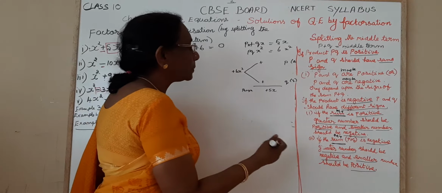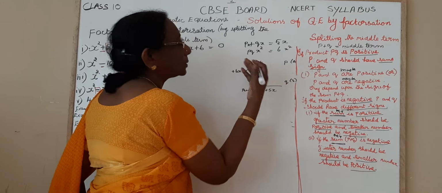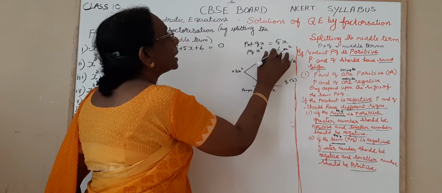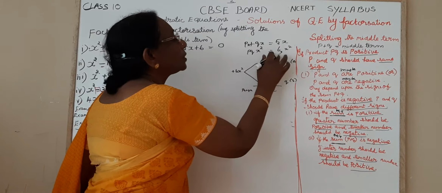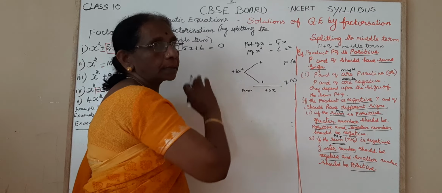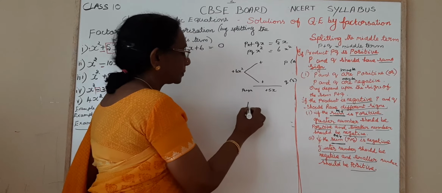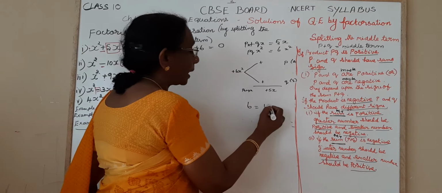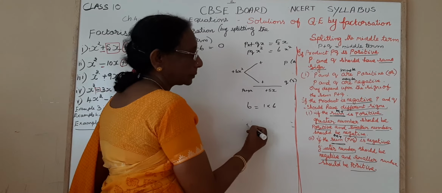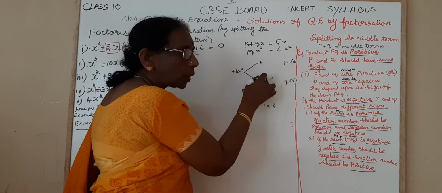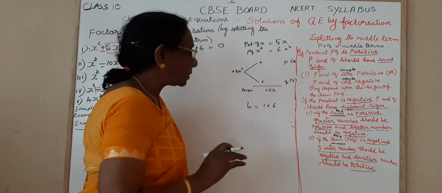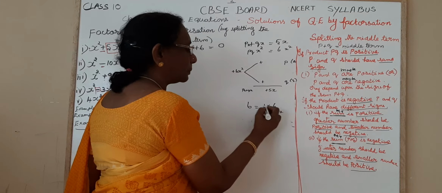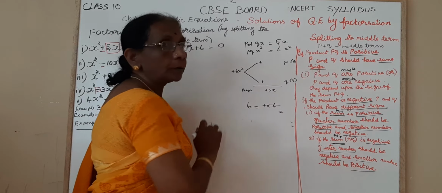Now we will move to the numbers. What are the values of P and Q? For that you take the product's coefficient, that is 6, and you write the factors of 6. 1 into 6. Here same sign means you will add and write the same sign. So when you add both, 1 plus 6, you are getting 7. But we don't want that, we want only 5x.